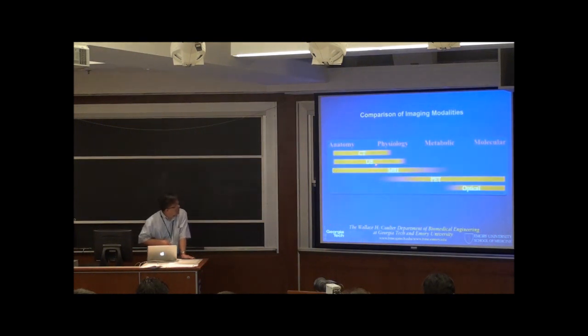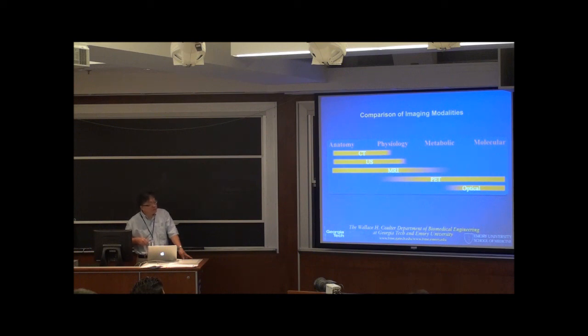So this is another comparison of the different imaging modalities. CT, ultrasound, and MRI, those three are mostly for morphological or physiological information, okay? PET could give you some functional information. Optical imaging, of course, could give you information at the cellular and the molecular scales, right?